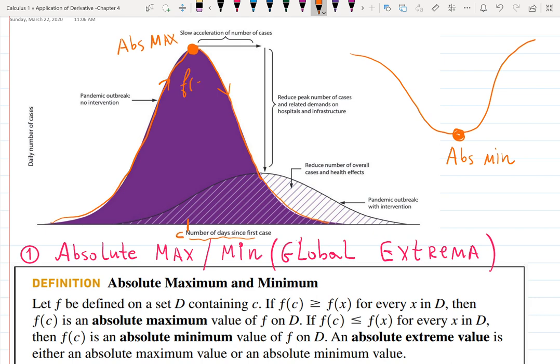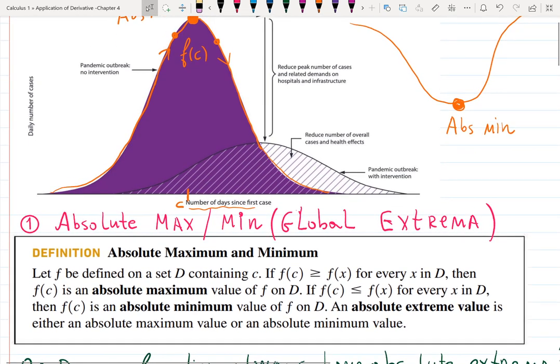So f of C seems to be bigger than any other f of x, right? It's bigger than this point, which is f of, I don't know, C minus 5, or this one, which is f of C plus 7. And that's how we know it's the absolute maximum. That's exactly what the definition will tell us.